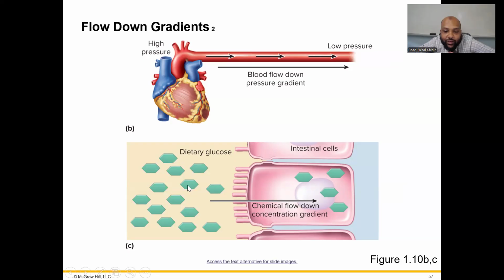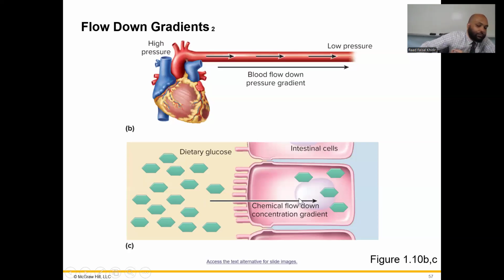Then we have dietary glucose. So that was the pressure gradient. What gradient is this? When you have a lot of glucose outside, green, and a little bit flowing in. See the arrow? The arrow shows you that there's a movement of dietary glucose from outside to inside.